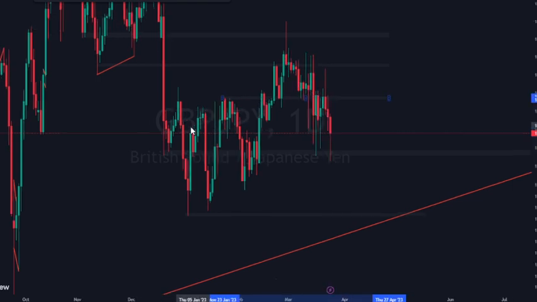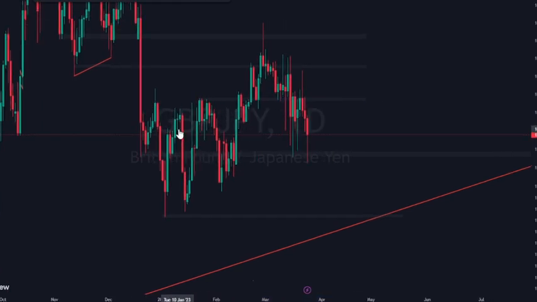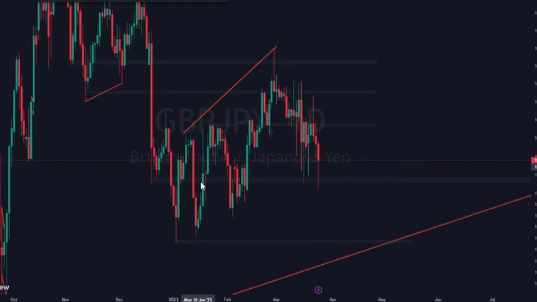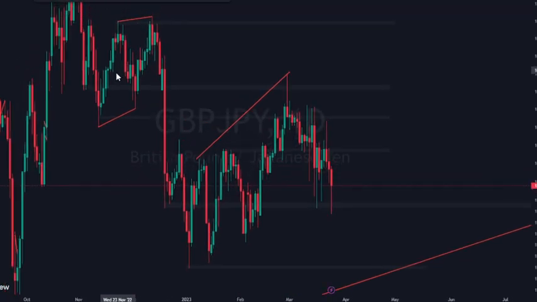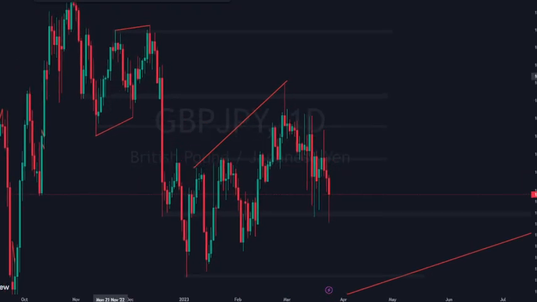Yes. Okay, as you guys know, I usually start by identifying my structure. Okay, yes, I can see this same pattern, the same pattern that played out here, is the same one here.